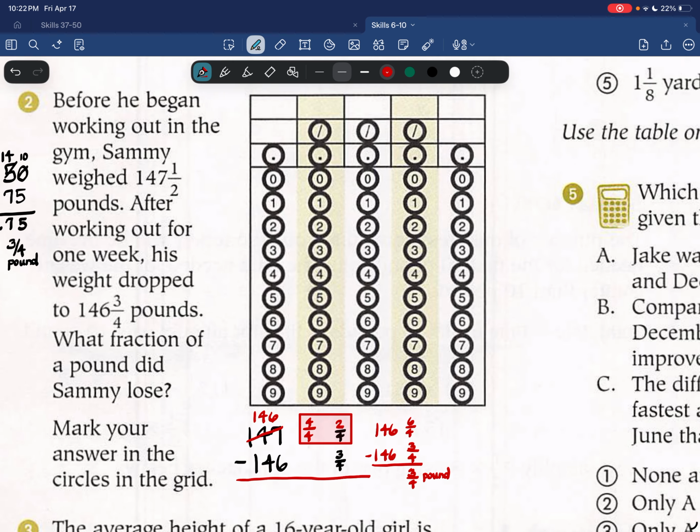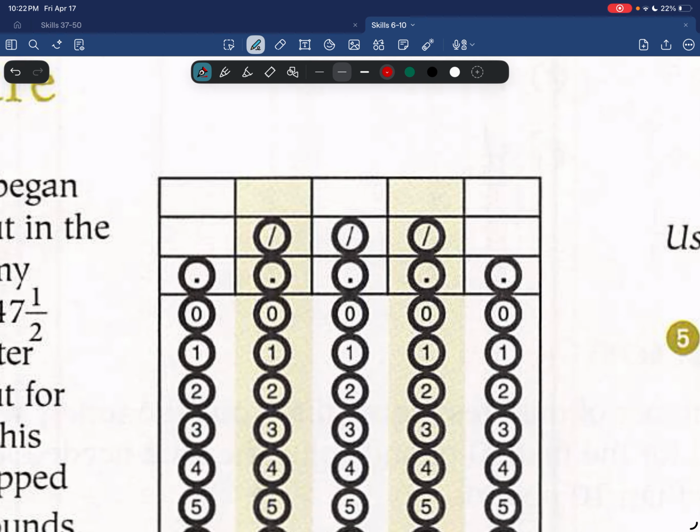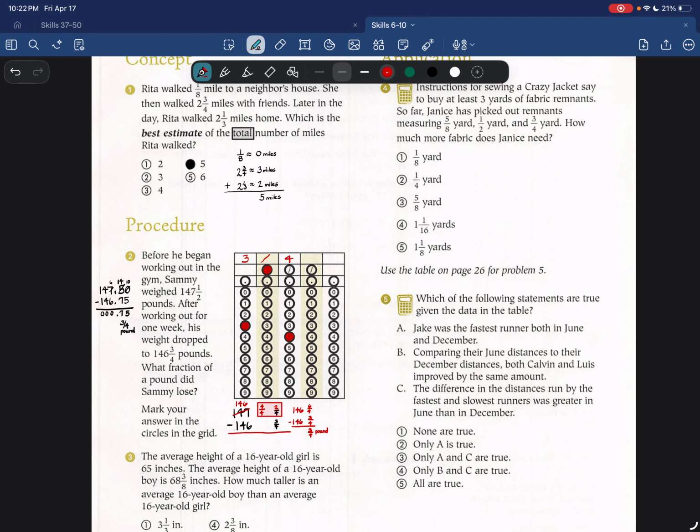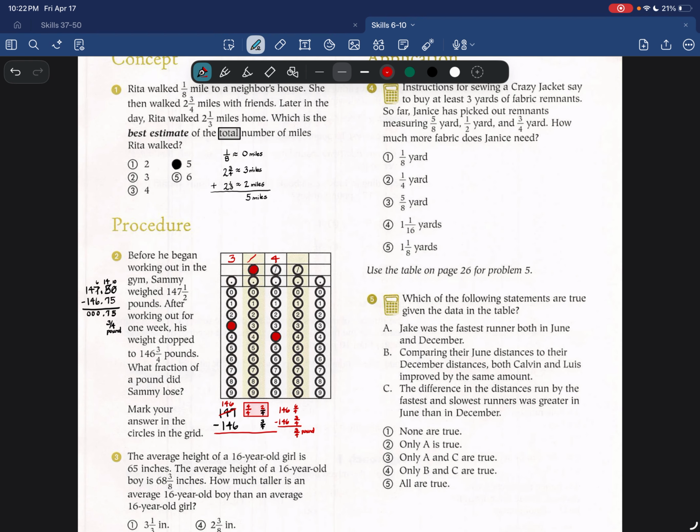And then to grid this, we would write in 3/4 and color 3/4. So however you get the 3/4 pound on some of the GED questions, you do have to grid them that way. So be very careful with that.